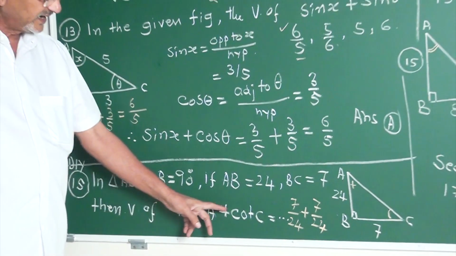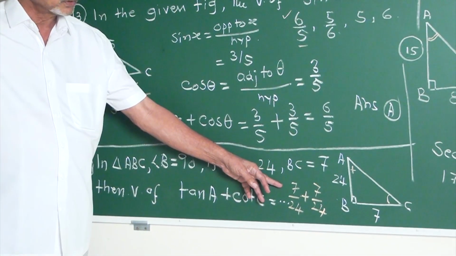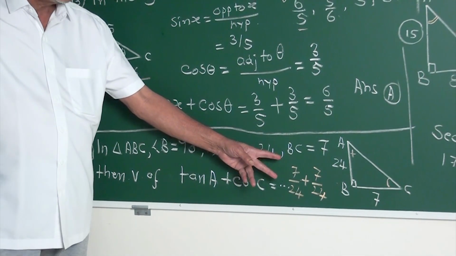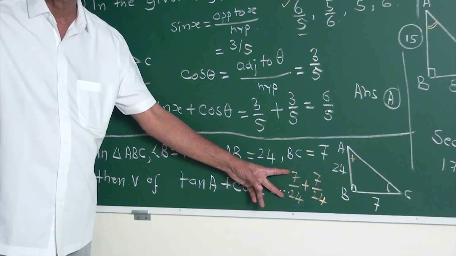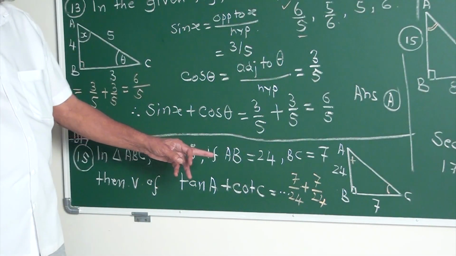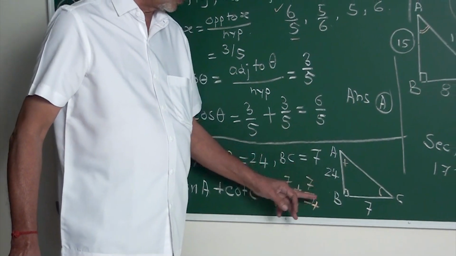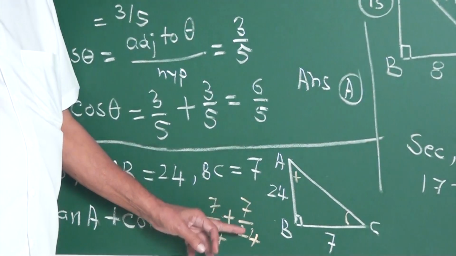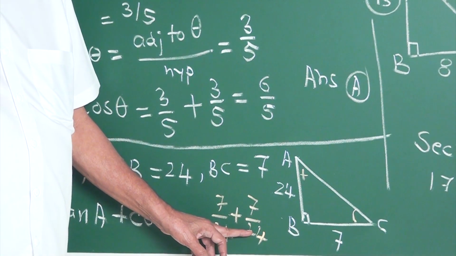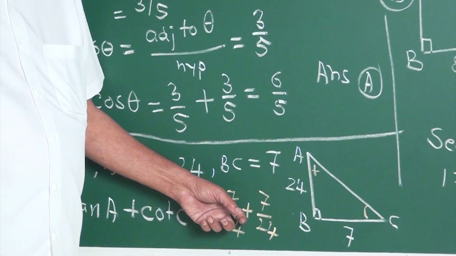See, tan and cot, no hypotenuse. Just write one is 7 by 24, what is the other? Cot C, cot is adjacent upon opposite. This addition, 14 upon 24, is 7 by 12, the answer, my friend.